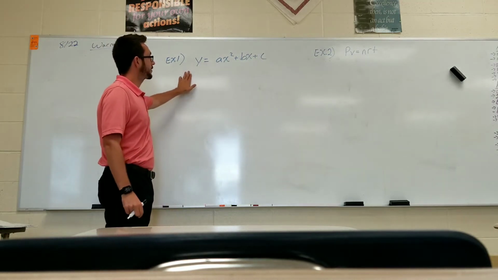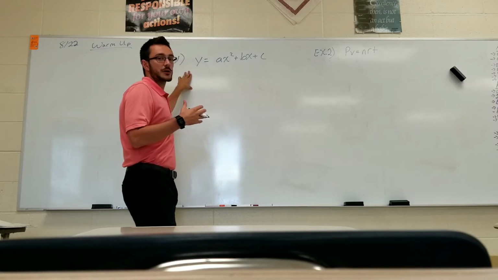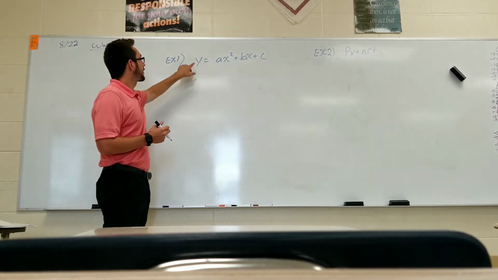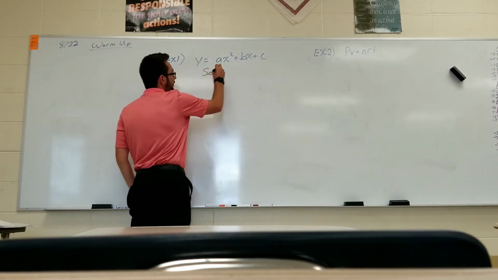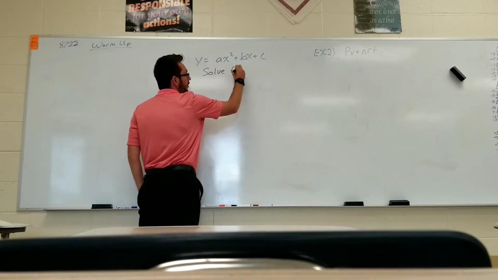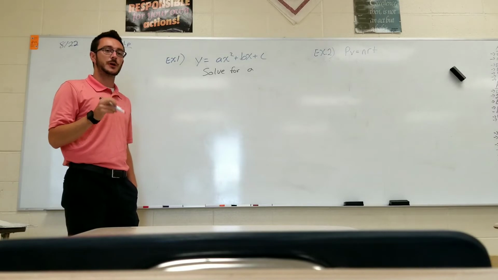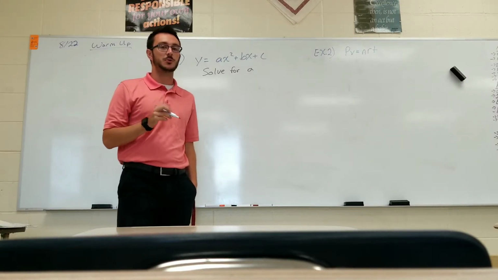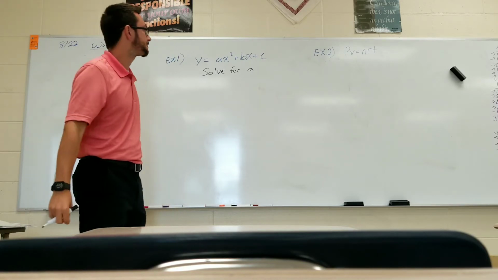For the first one, if you recognize the kind of setup here, we are talking about how a quadratic is formed. And for this specific example, I'm going to put solve for A. So when we have multiple variables in an equation like this, we actually have to specify, we can't just say solve, we have to say solve for whatever it is.